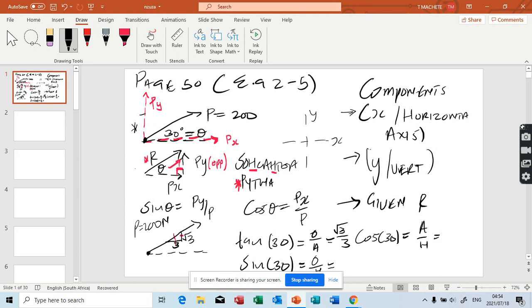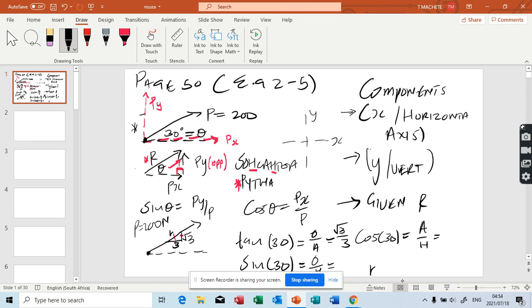We can use sine. Sine 30 equals opposite over hypotenuse. So now look at this. Do you agree that to find r, just for interest's sake, you can find it this way?